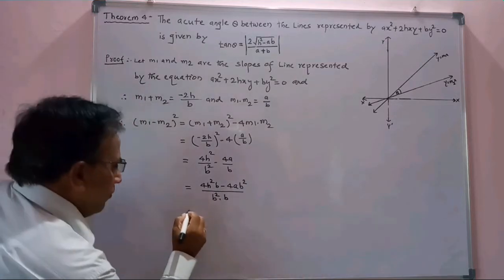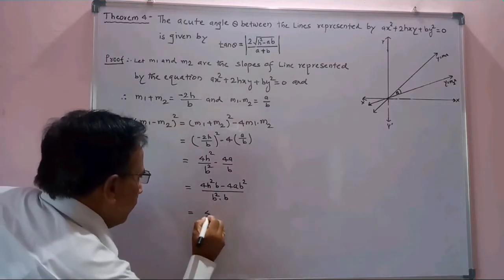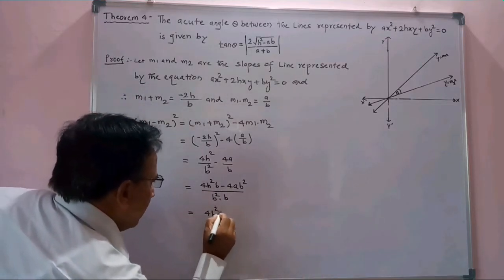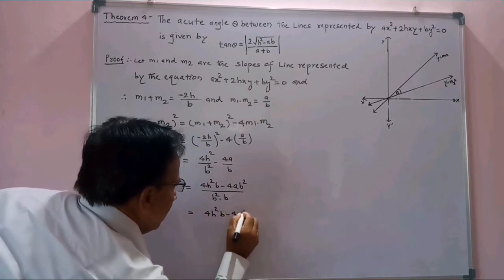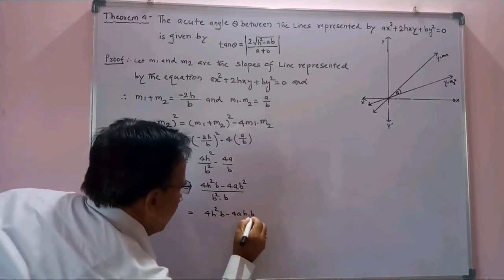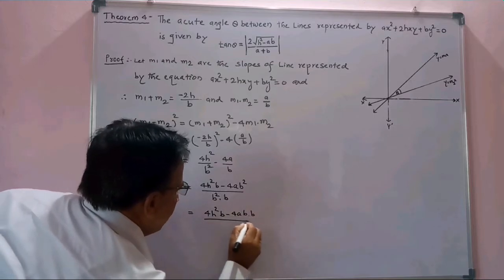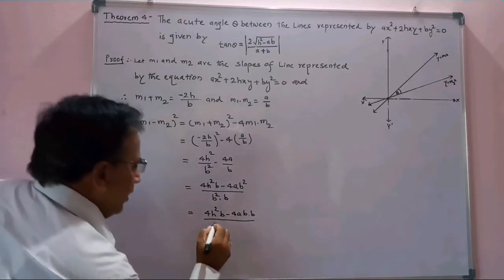Therefore 4h square into b minus 4ab square, b square means b into b, divided by b square into b.